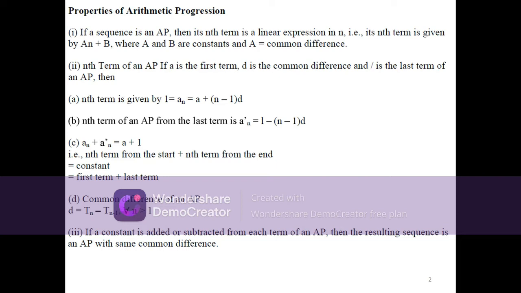For our ease of understanding, we'll represent this capital B as a, the first term, and d as the common difference.